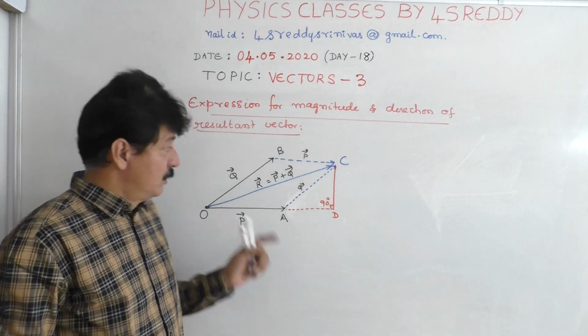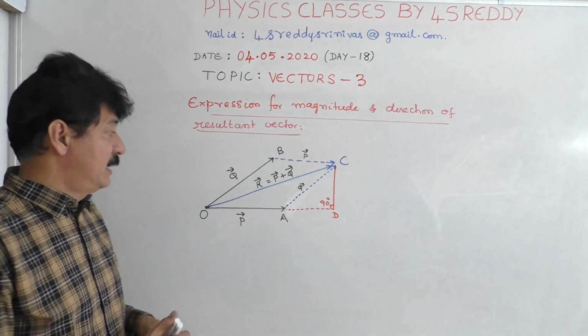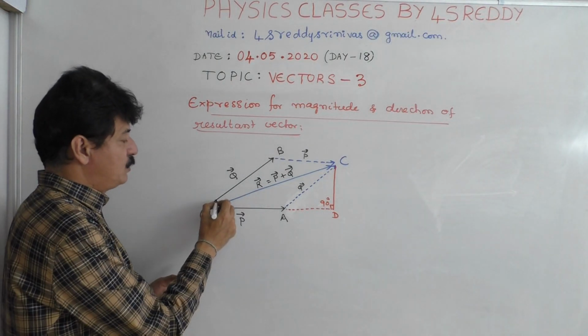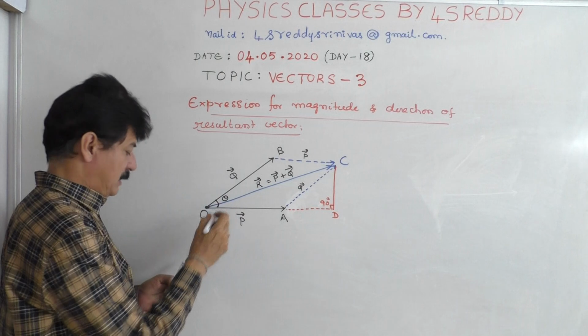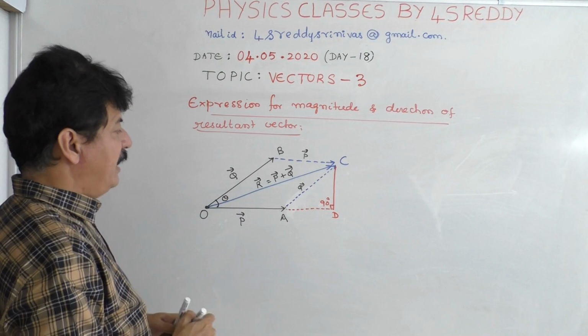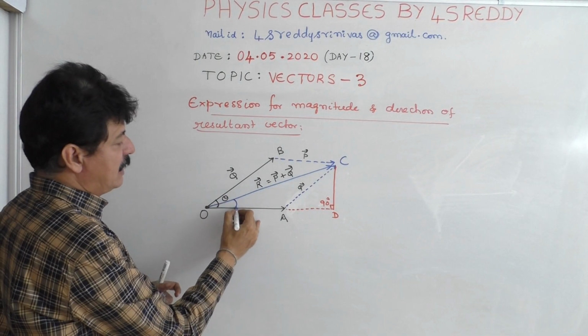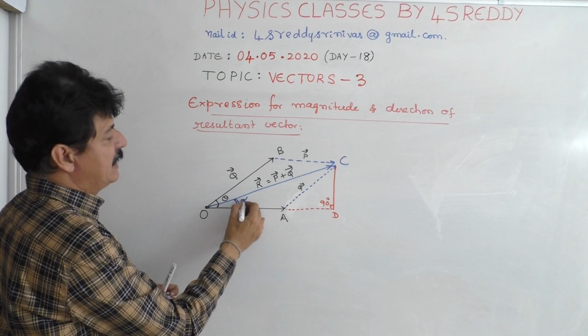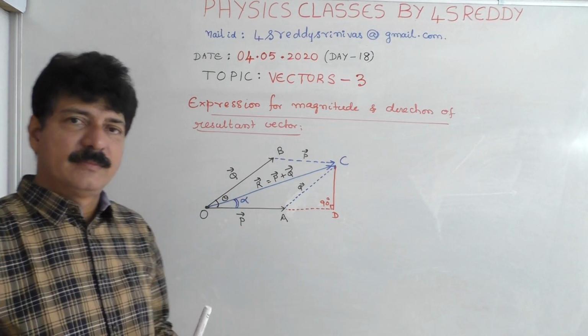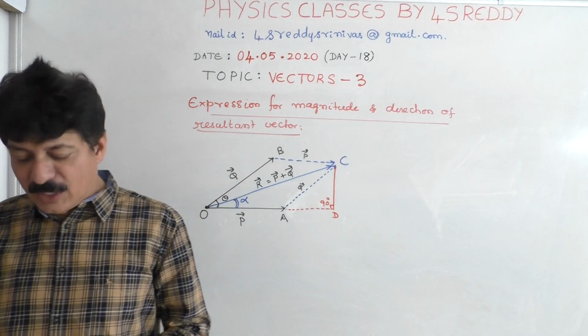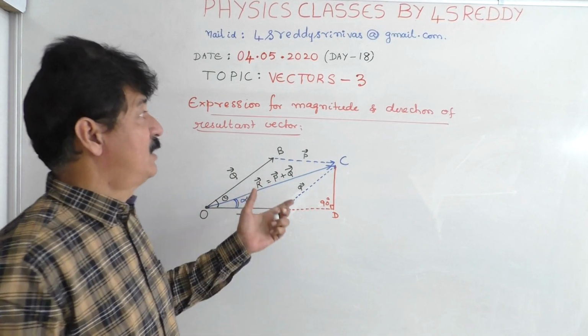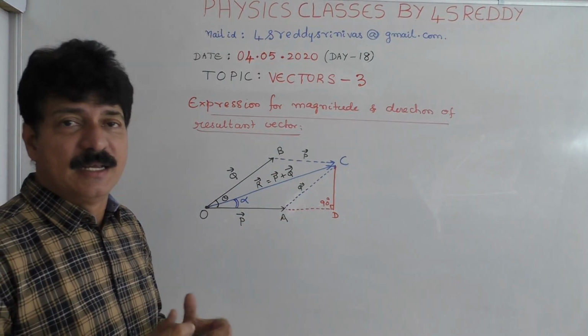So the direction is known, but what is the magnitude? Suppose these two are inclined at an angle theta; the angle made by this resultant vector with the first vector gives the direction of this vector. So how to get the direction and magnitude of this resultant vector?